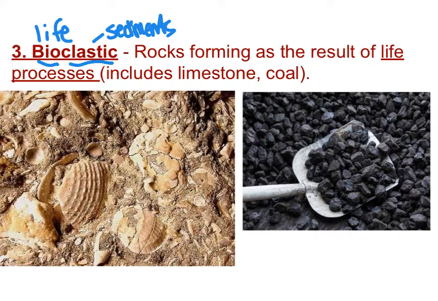And the picture on the left here is limestone. Limestone is made up of a bunch of sometimes microscopic, teeny tiny shells or parts of shells, or sometimes they can be big shells like this. And you get a bunch of them that solidify together. Usually they fall to the bottom of the ocean, and then those rocks form from those shells. Or you can get something like this on the right-hand side, which is coal.